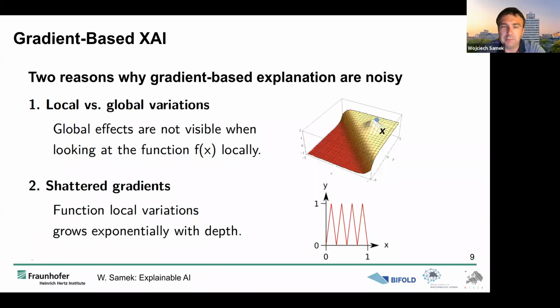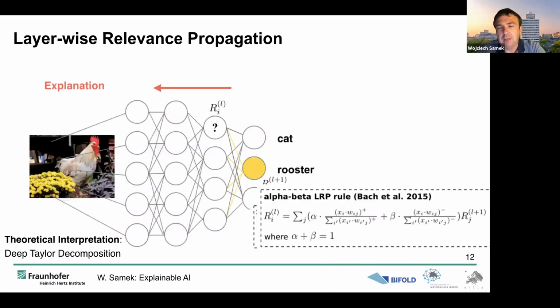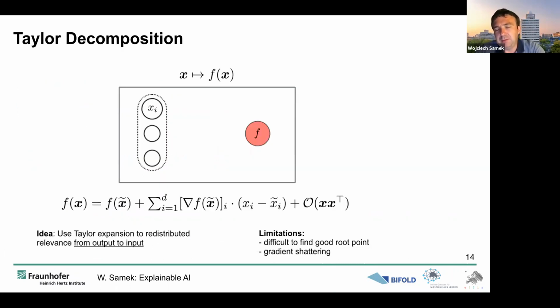There is some theoretical work on that, where people showed that gradients have this problem. This is one thing. And the other problem is that it is difficult to find a good root point in this approach, because if you approximate your function, you want the root point, this x tilde, to be very close to x, but it should have the property that f of x tilde is 0.